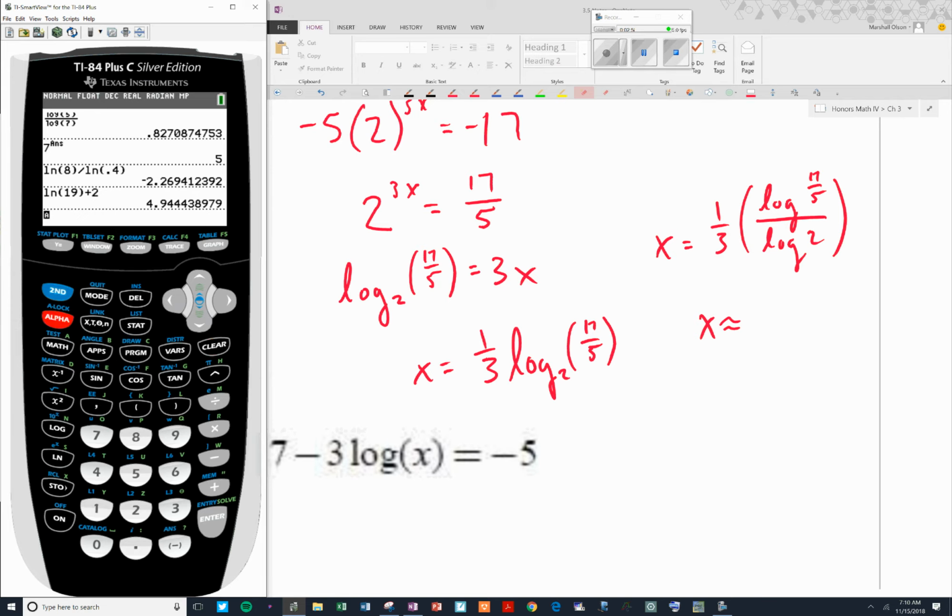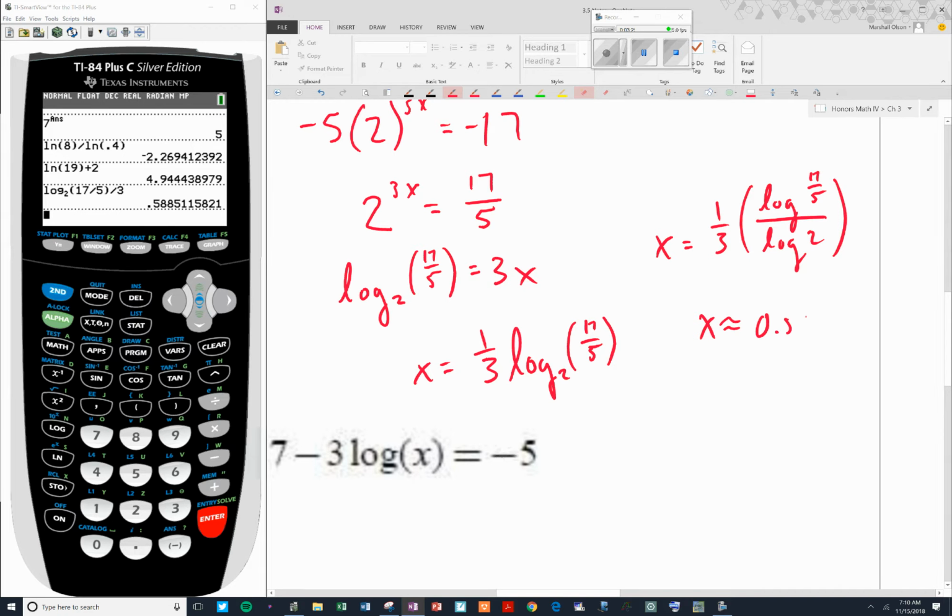So I'm going to go alpha window number 5, that template. So we're going to have 2 as our base, 17/5 as our power, and then I'm just going to divide this whole thing by 3. So it's going to be about 0.589.